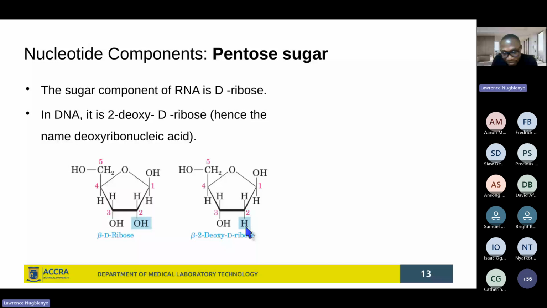So on carbon number 2, for the sugar in the nucleotides of DNA, you have deoxyribose. You have just hydrogen on carbon number 2. There is no oxygen there.